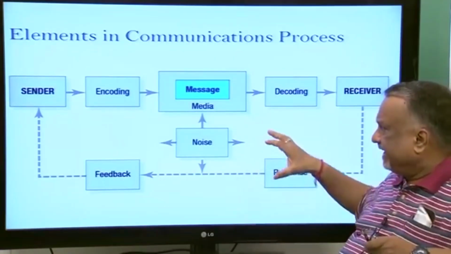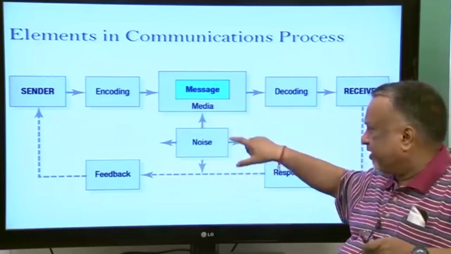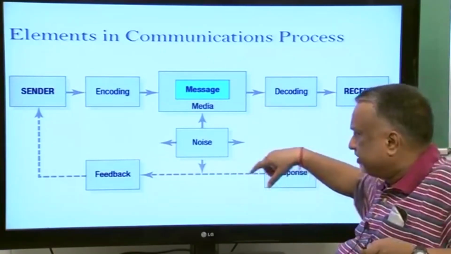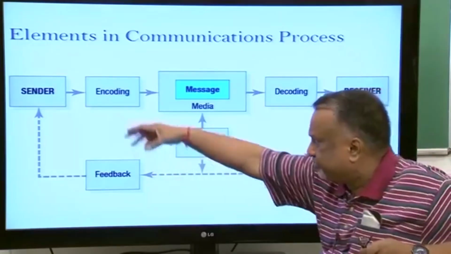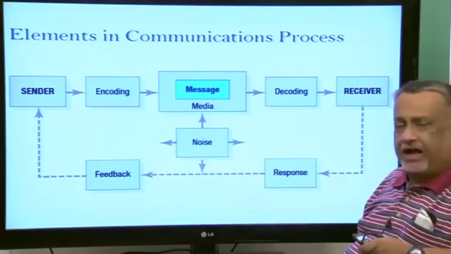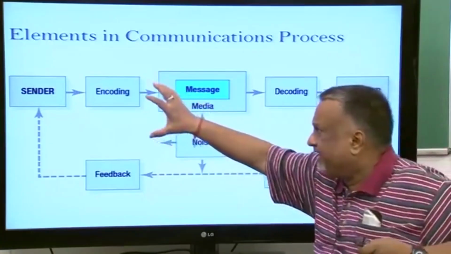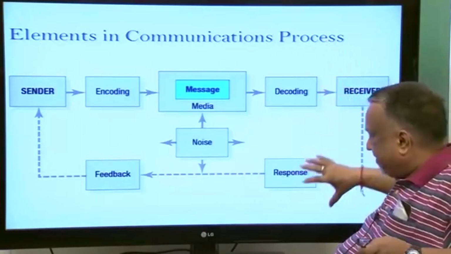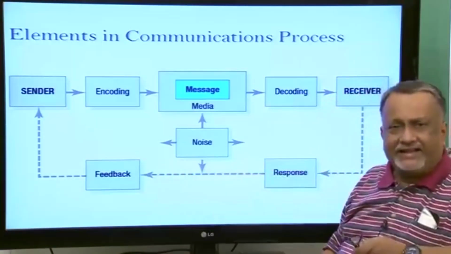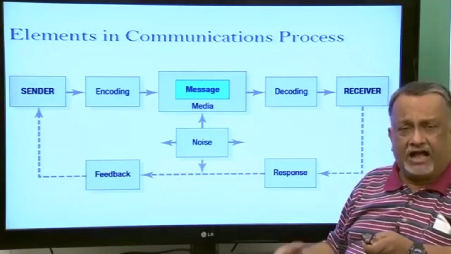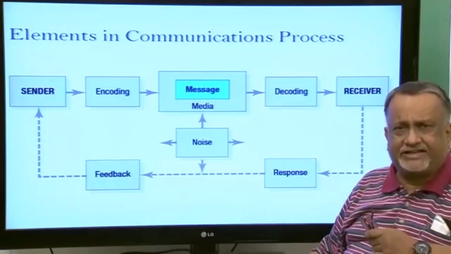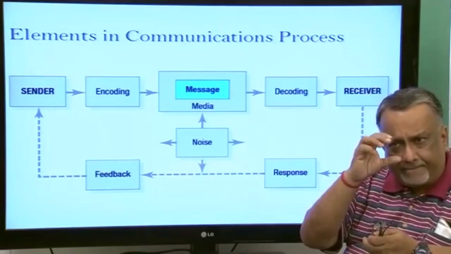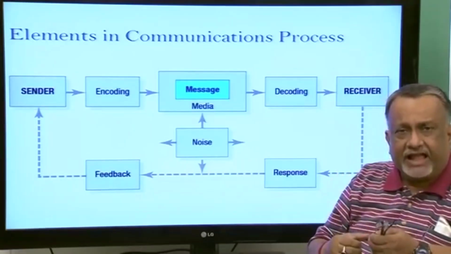And there is this whole aspect of noise, and then from the receiver there will be some response feedback which will go back to the sender. Now, because human beings are involved on this side, on this side, and here, there are a number of interpretations that can happen, a number of subjective lenses as we call it.